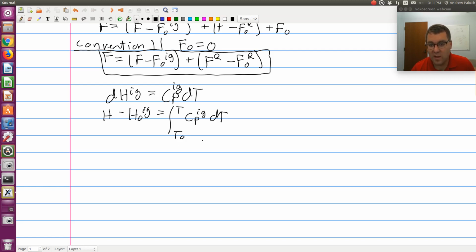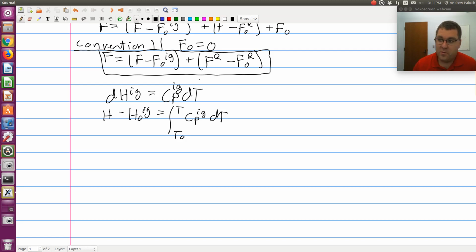So this ideal gas term I can readily calculate. In the back of your book, there are polynomial expressions for the ideal gas heat capacity. When it comes to the residual terms, I can analytically evaluate those two terms using my favorite cubic equation of state or corresponding states theory, so the Lee-Kesler tables. I have analytic expressions that I can readily use to evaluate them.